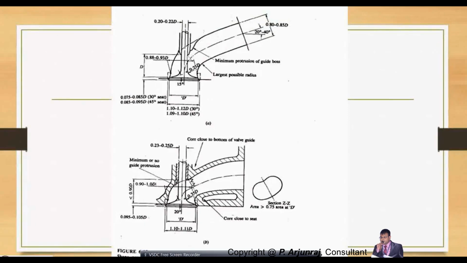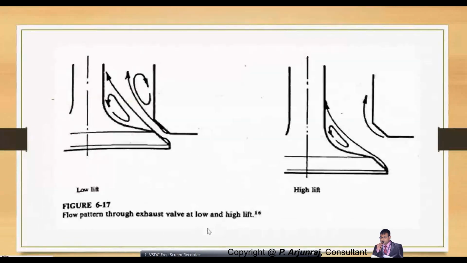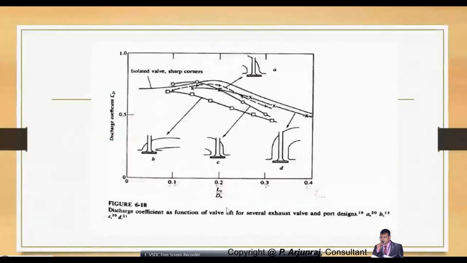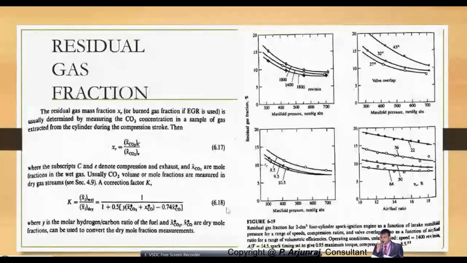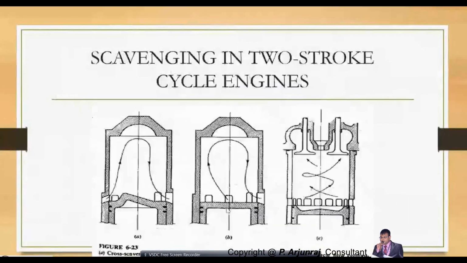It should not protrude too high. It should be uniform. This is the valve when it is lifting. We have low lift and also high lift. These things you can look into in a more detailed manner.